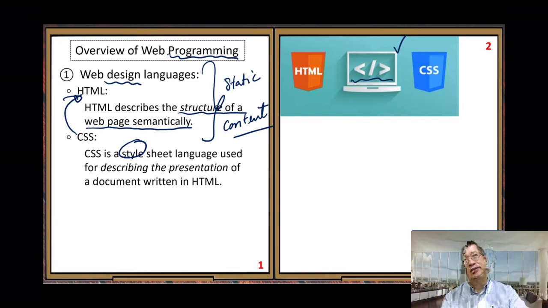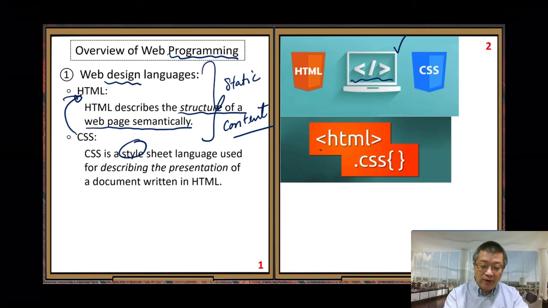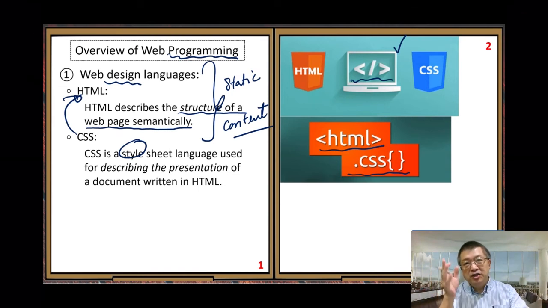Here you see one example HTML tag, and here one special CSS rule like this, showing some special property of HTML or CSS.